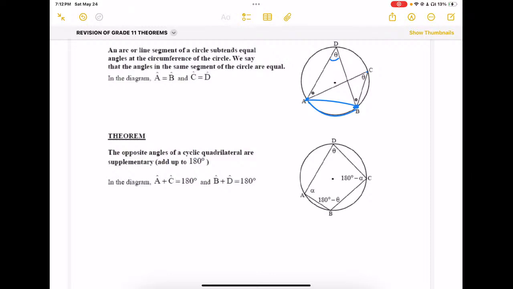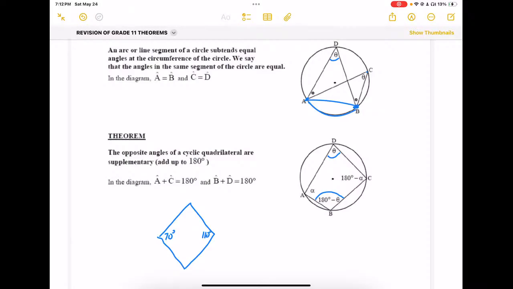And then we go to this one now, where we talk about a cyclic quadrilateral, right? With a cyclic quadrilateral, we know that opposite angles always add up to 180, right? And then they will ask us to prove a cyclic quadrilateral. Sometimes they'll just draw a quadrilateral here, and then give us maybe 70 degrees here and 110 degrees here.